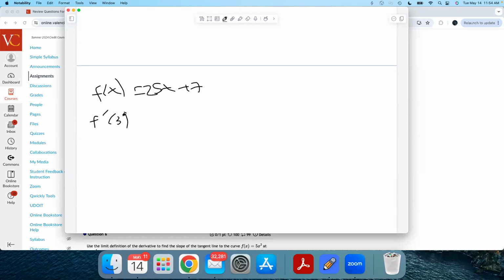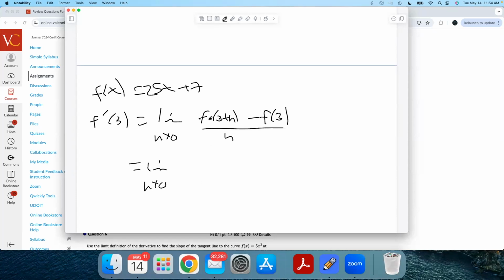Okay, so if we're just doing it at a point, this would be the limit as h approaches 0 of f of 3 plus h minus f of 3, all over h. You need to have this definition memorized. F of 3 plus h means rewrite the entire function, but now instead of writing x, we're going to write 3 plus h in parentheses.